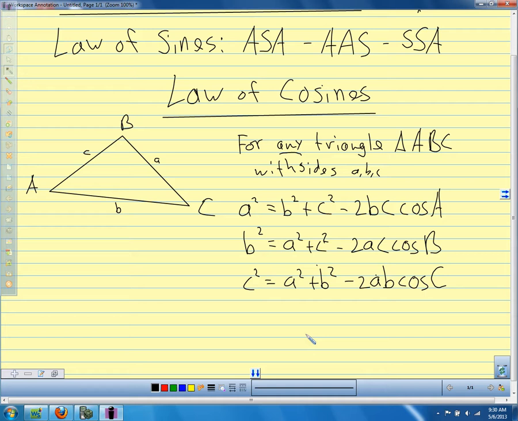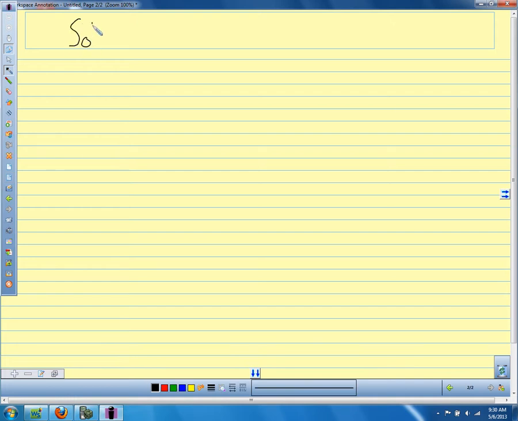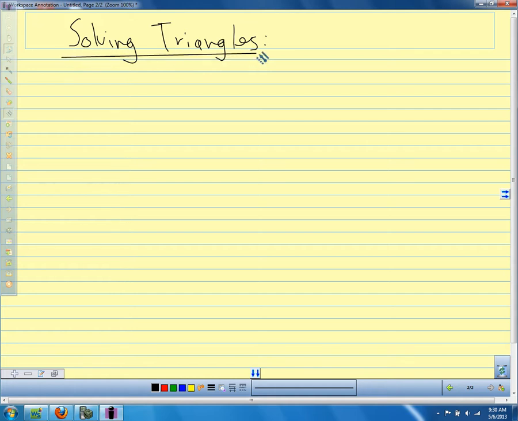What we're going to use the law of cosines for is solving triangles, just like we did with the law of sines. Law of cosines works for 2 different kinds of triangles, different than the kinds of triangles we use for law of sines.